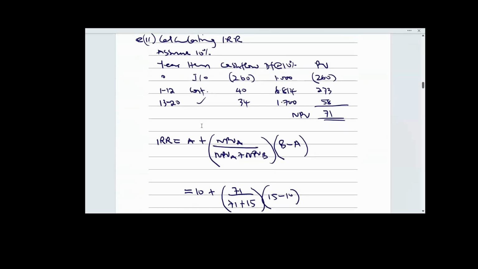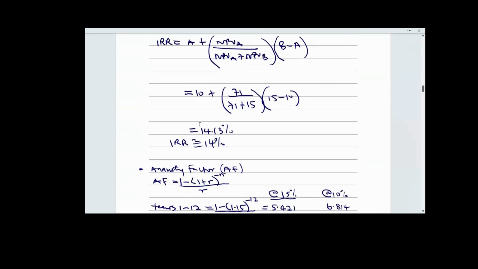Also, on the basis of internal rate of return, the calculated 14% is less than the company cost of capital of 15%, which means the project is also not viable. So under independent projects, the decision of NPV will always be the same as the decision of the internal rate of return. Okay, so that's the end of the question.